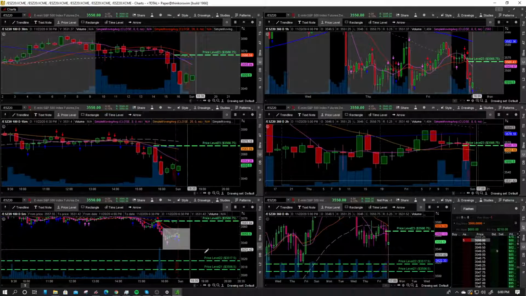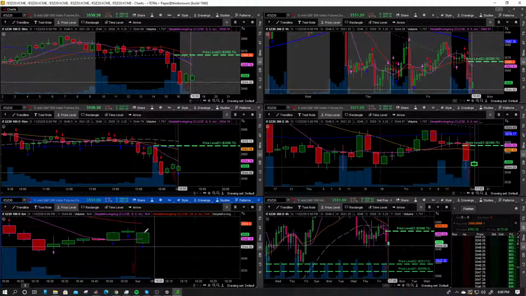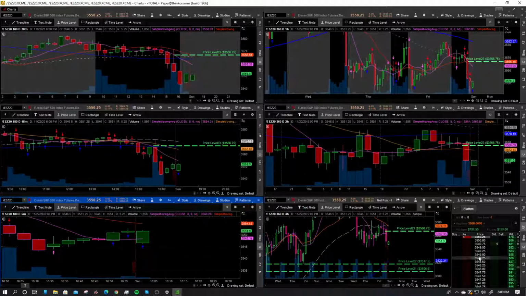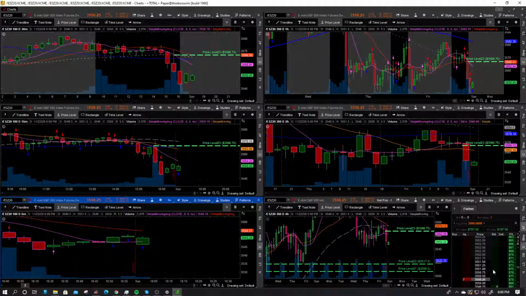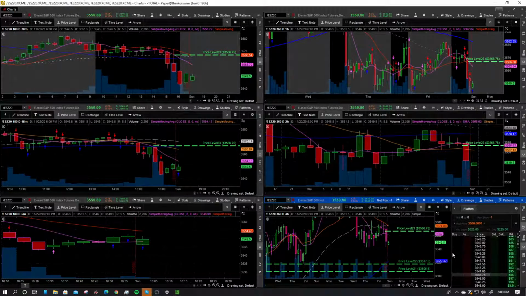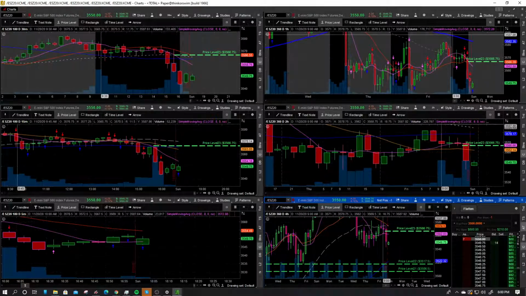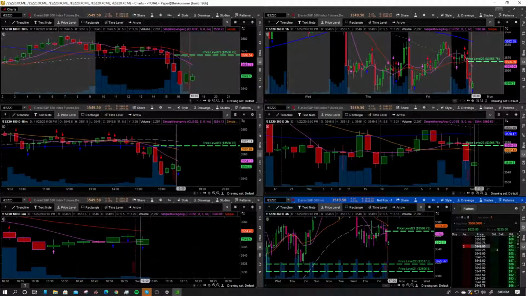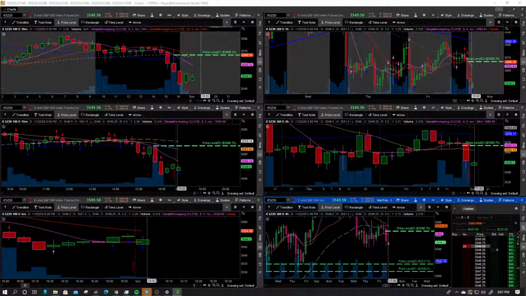So what was I telling you about no wick? So there's no wick on top here on copper.